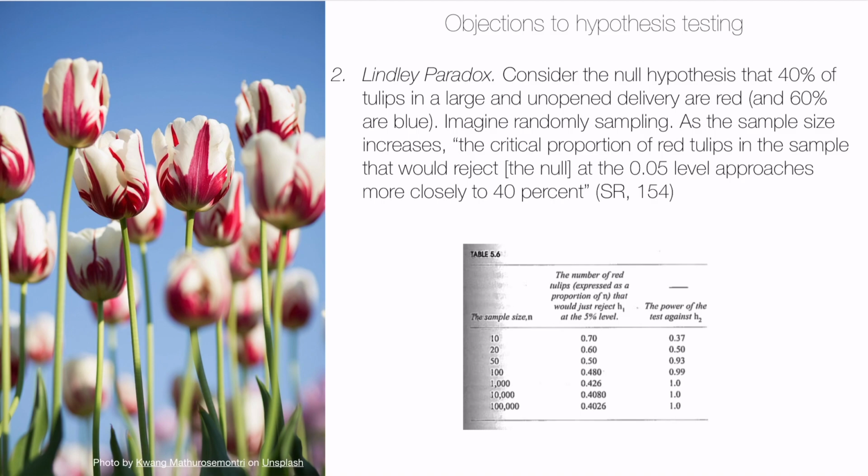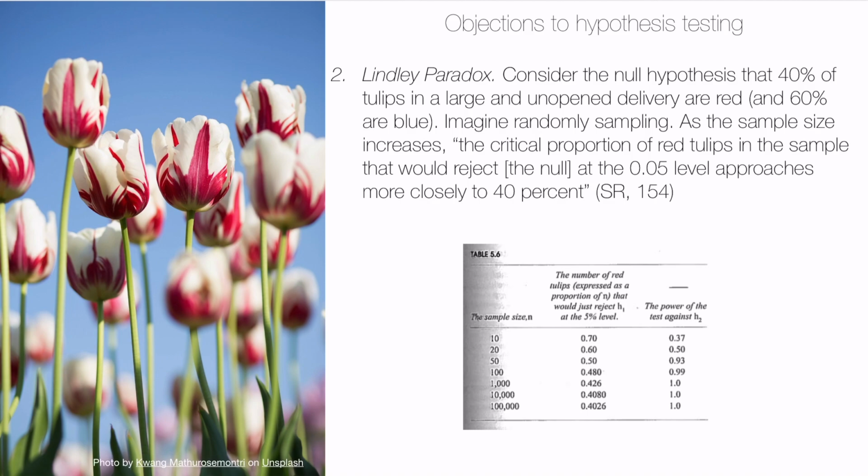So, the background assumption here, which may be a little bit silly, but is for the sake of argument, is that this box is so large that we can continue to sample many, many of these tulips and still not exhaust the whole population, which is true in lots of hypothesis tests. Seems a little bit silly for a delivery box, but we'll have to imagine that this box is huge.